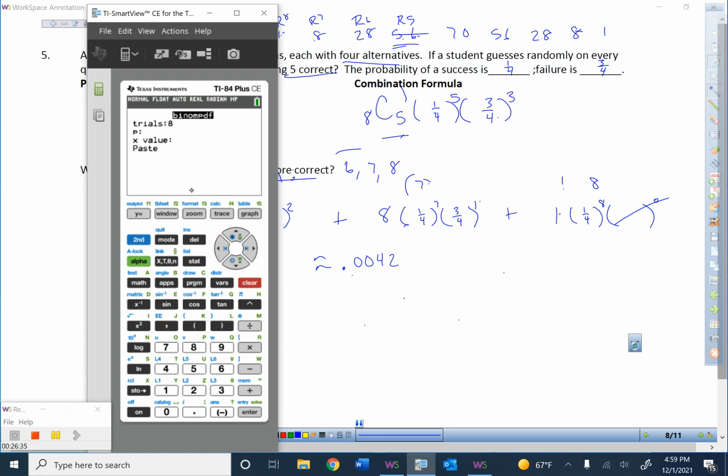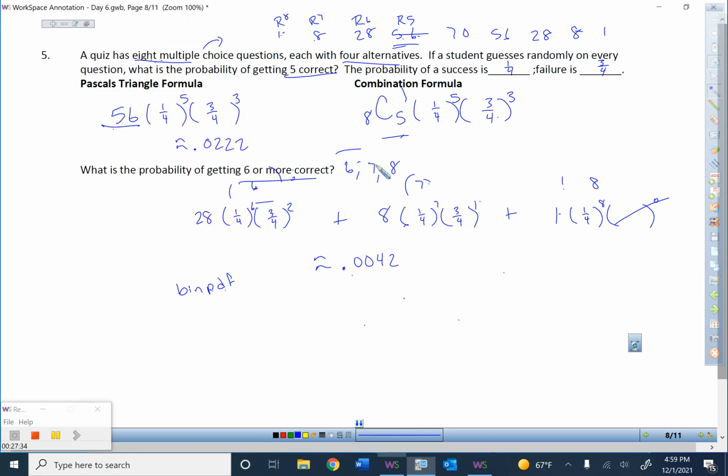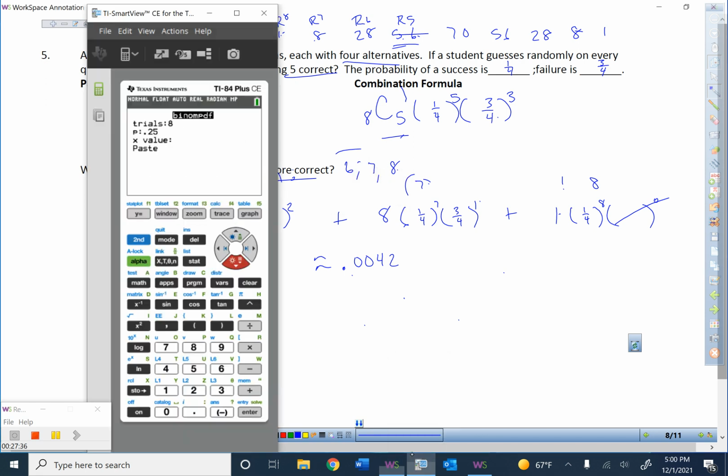The next thing you're going to list is the probability of success, and ours was the 0.25 or the 1/4. Again, if you see this screen, go down, but if you don't, use a comma. And the last thing is these outcomes that we wanted to be successful. We said 6, 7, or 8. Because there is more than 1, we have to use set brackets. They are above the parentheses.